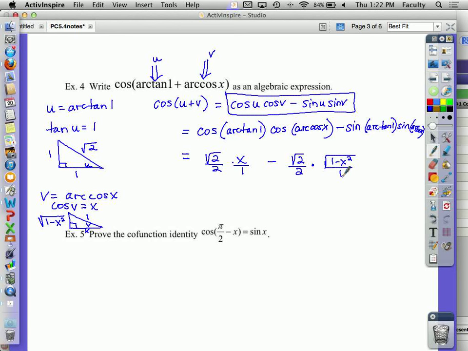Minus, this is the sine of u. That's 1 over radical 2, which I know is radical 2 over 2. Sine v is radical 1 minus x squared over 1. Does everybody see that? Now, it does make a little bit more sense to factor out the radical 2 over 2. And then we're not going to do any other simplifying. That's it.